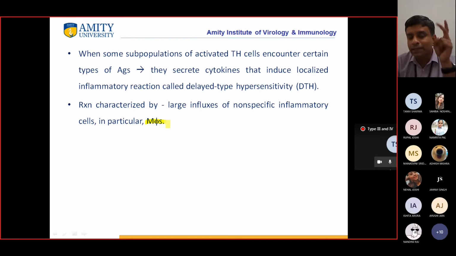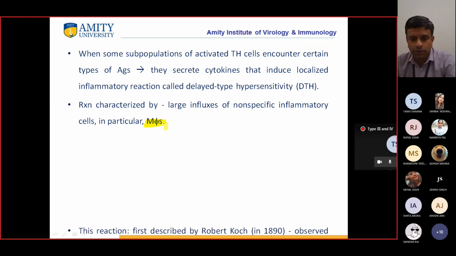In type 3 reaction, the culprit were the neutrophils, but in type 4 reaction, the culprit are the macrophages. So in this, a large influx of non-specific inflammatory cells like macrophages is there.